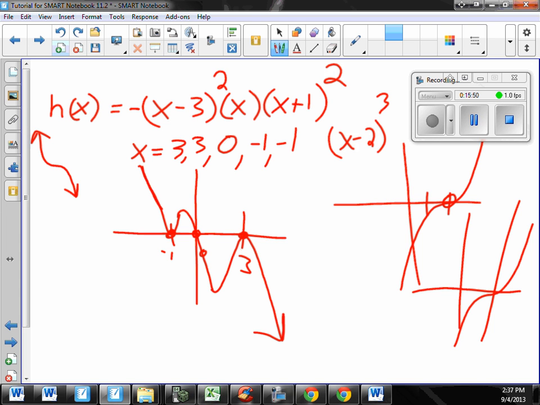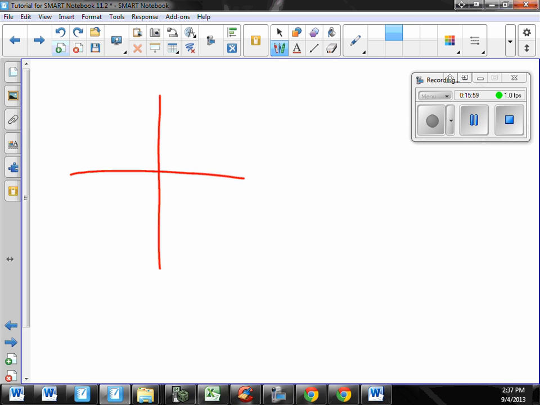And then it gets a little bit more complicated when you introduce imaginary roots. No, but I'll just show you. So that is a real root, that is a double root. An imaginary root would look like that. It changed directions, but it didn't hit the x-axis.